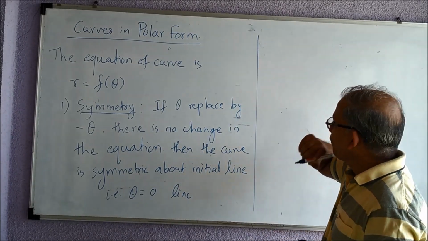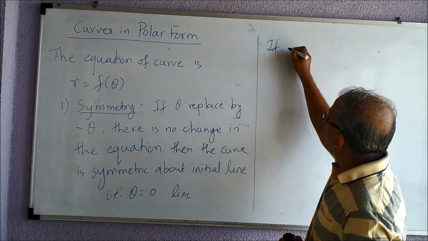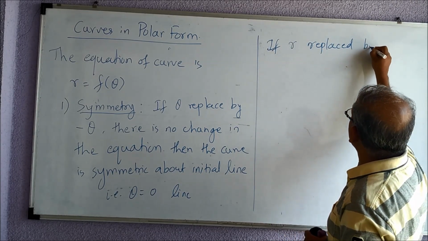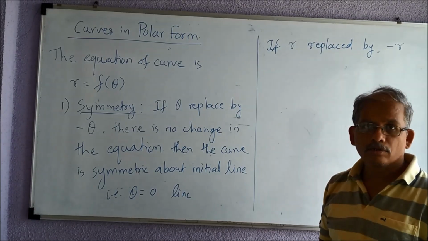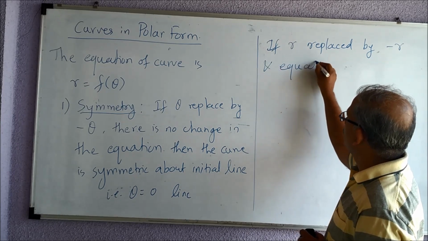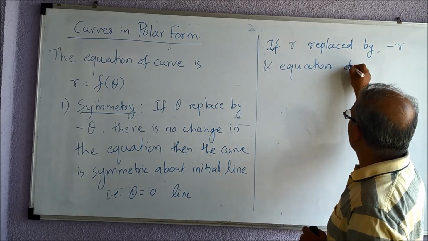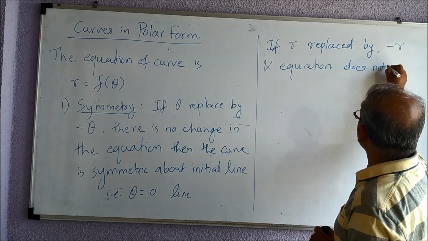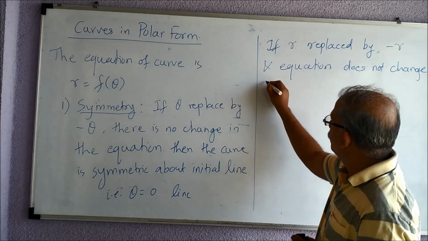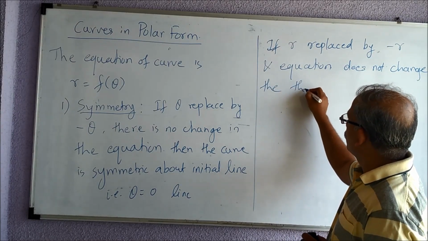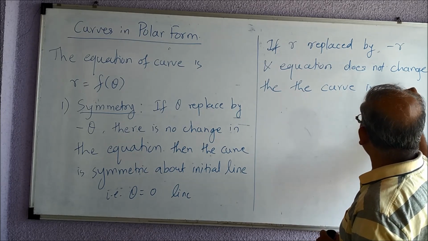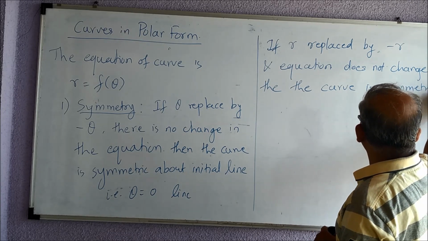Next, if r is replaced by minus r and the equation does not change, then the curve is symmetric about the pole.